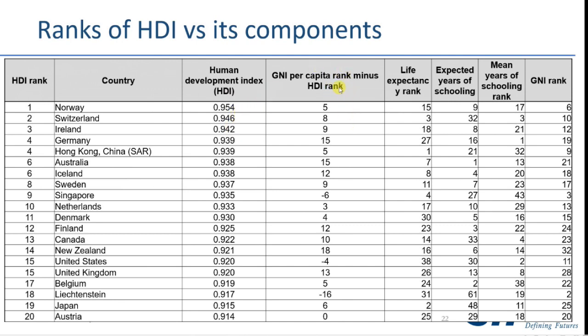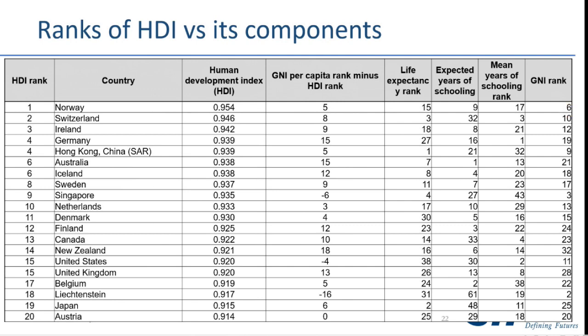What this column tells us is that if we rank these countries by their GNI and subtract the HDI rank from it, then we will find out this number. So if we rank Norway in terms of GNI, its rank will be 6.